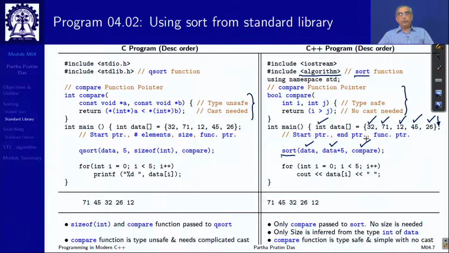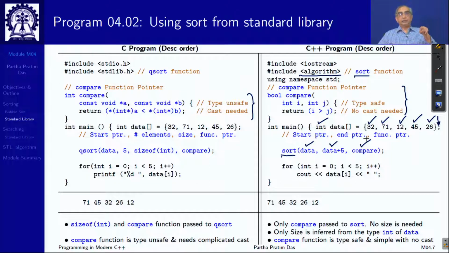Now, the point to note here is it does not need to be given the size of the element. Why? Because in C++, it knows the type of the array data, and it uses a trick in writing the sort function, a trick of templates as we will see later, so that the compiler can generate an appropriate sort function for you from the templatized code given in the algorithm.